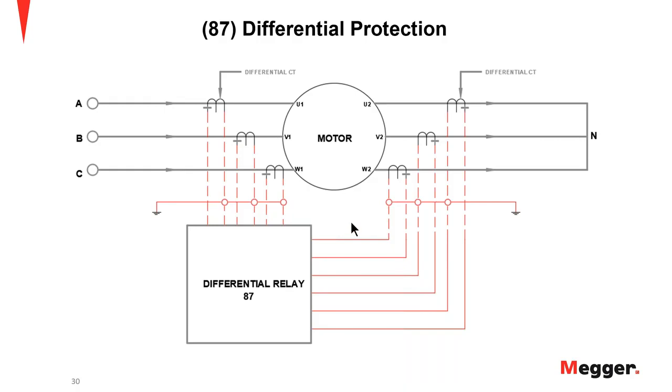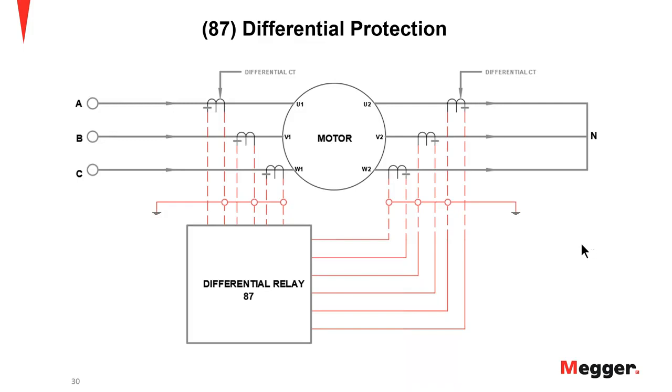Awesome. So the slide referenced in this question is number 30. What we're showing in this diagram is the YY CTs, and they're going to be connected in YY with one side going to ground here.